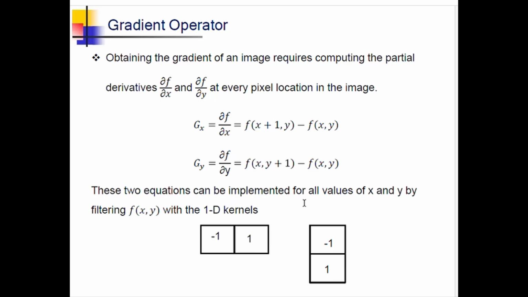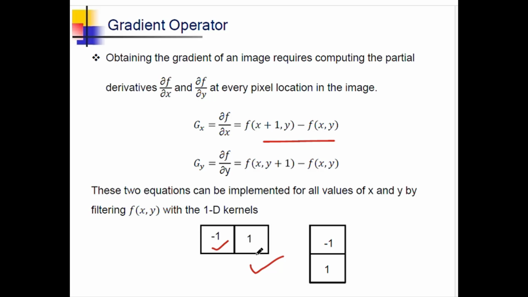Okay, these two equations can be implemented for all values of x and y by filtering f(x, y) with 1D kernels. If you plot the kernel for this equation, it will be like this. This is minus f(x, y), the first pixel, which is the reason it is minus, and this is the x plus 1 pixel.